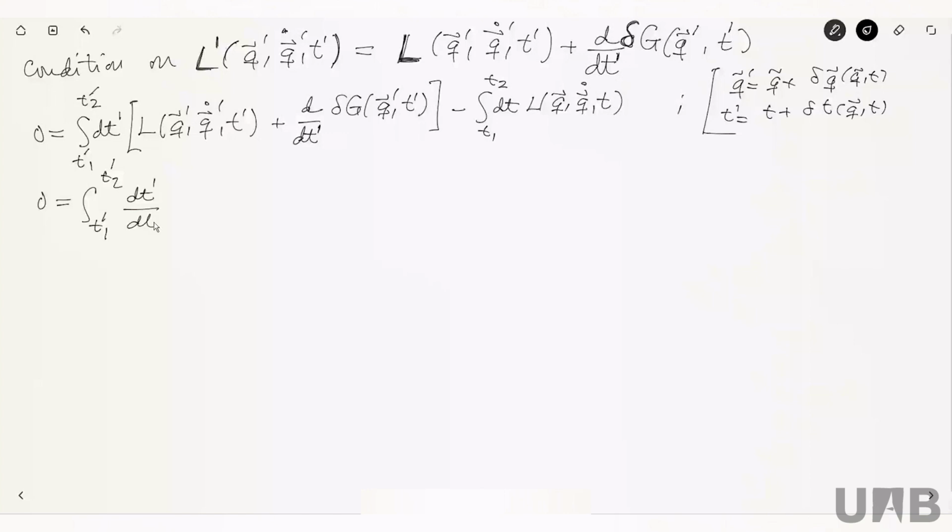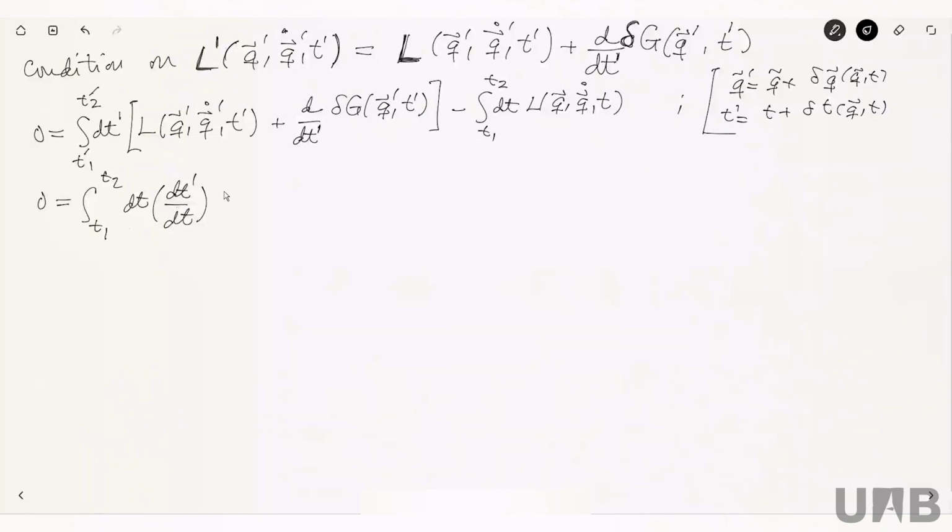So now I can, let me write it a little better. So this is dt prime over dt, right? This is the Jacobian of the transformation. So that means that now I'm integrating over t. Here I have the Jacobian, and now I have to rewrite all this, okay?